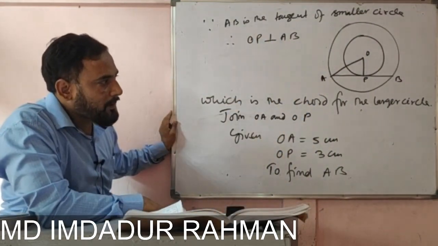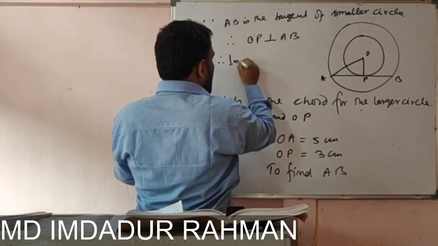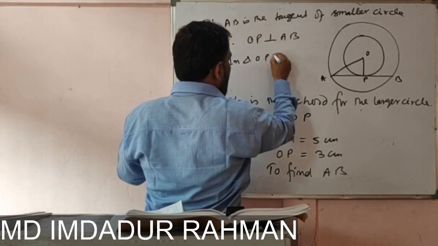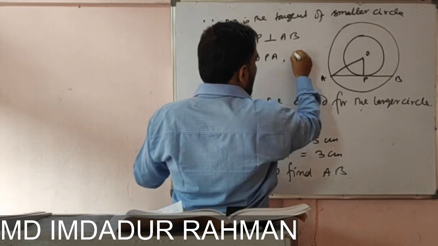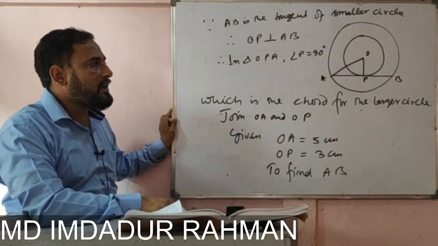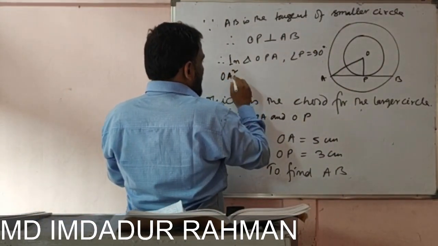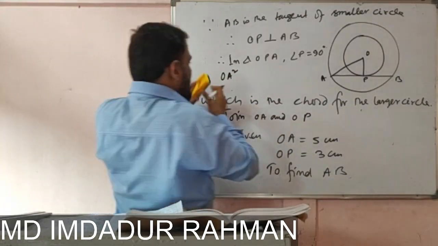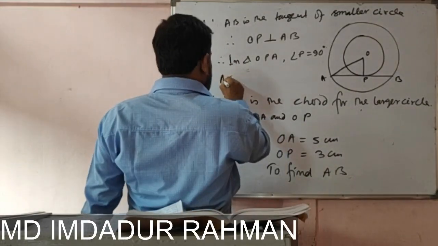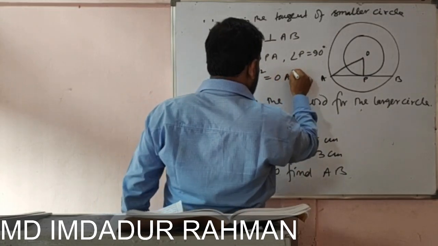So if OP is perpendicular to AB, therefore in triangle OPA, angle P is equal to 90 degrees, and then we can use the Pythagoras theorem. AP square plus OP square is equal to OA square.